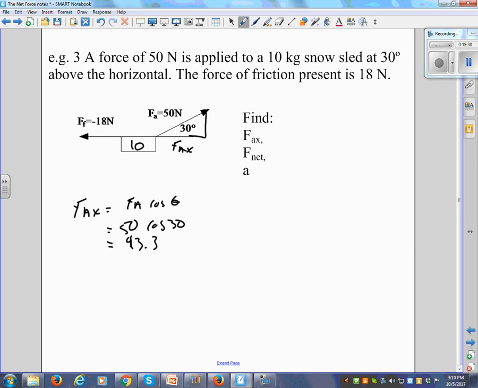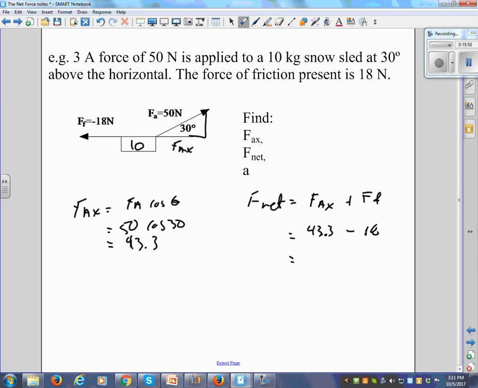Okay. So now what's the F net? The F net is the horizontal F net. So F net, oh, this isn't that bad at all. FAx plus Ff. So this is going to be that 43.3 minus 18. Right, so subtract 18.